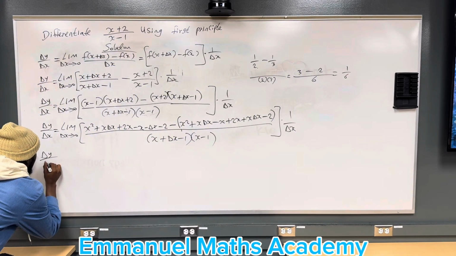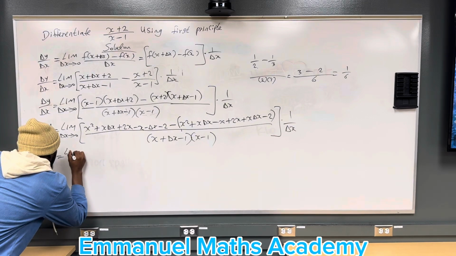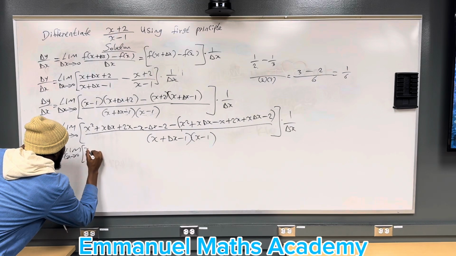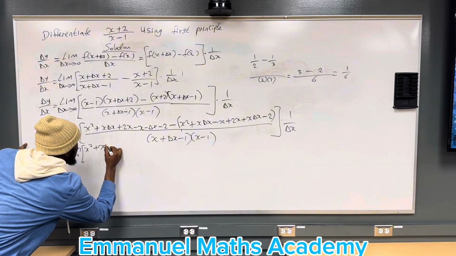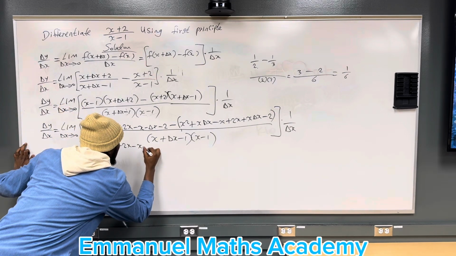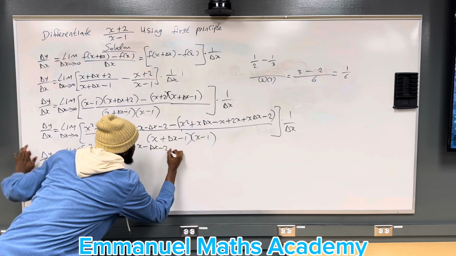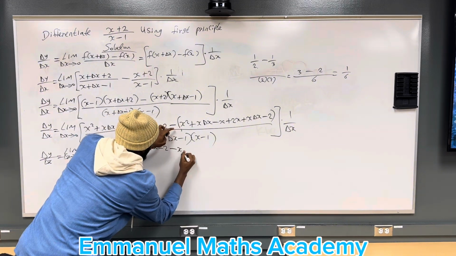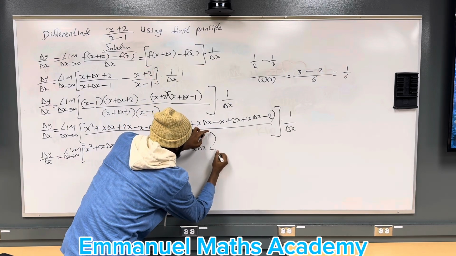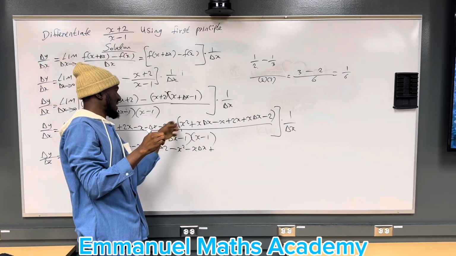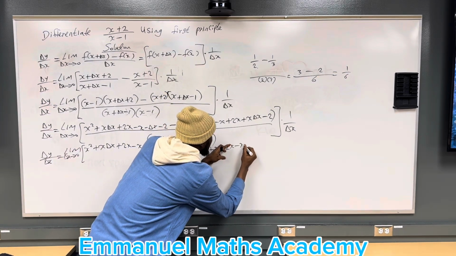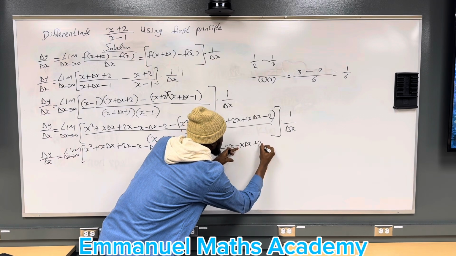Delta y over delta x is equal to the limit as delta x tends to 0. Here we have x squared plus x delta x plus 2x minus x minus delta x minus 2, minus x squared minus x delta x, plus, because when you have minus times minus it will give you plus, x minus 2x minus x delta x plus 2.